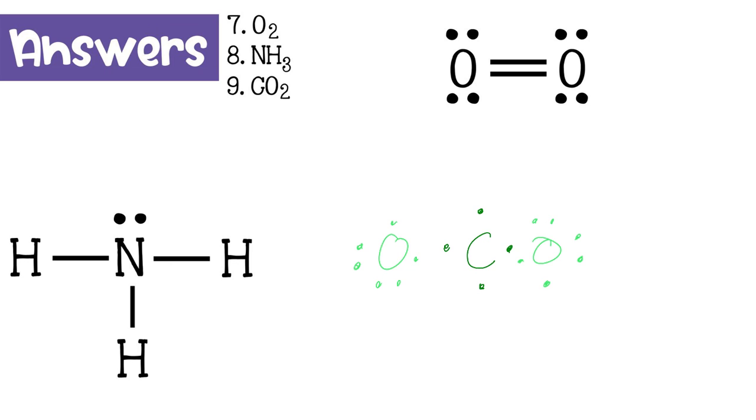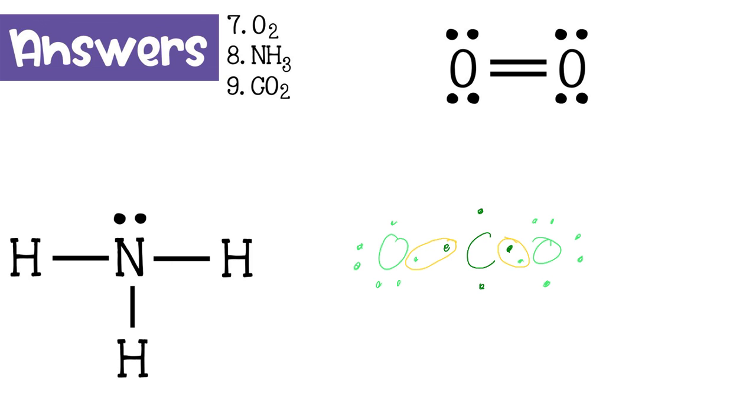Each oxygen has 6 valence electrons, which is 2 lone pairs and 2 unpaired electrons that can be used for bonding. Now, in this case, we're going to draw a bond between each oxygen and the carbon.